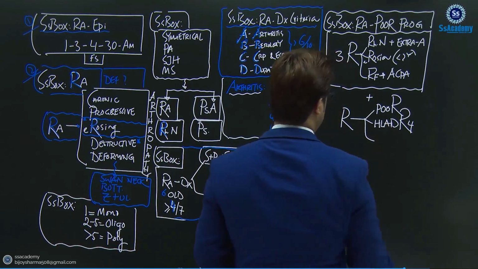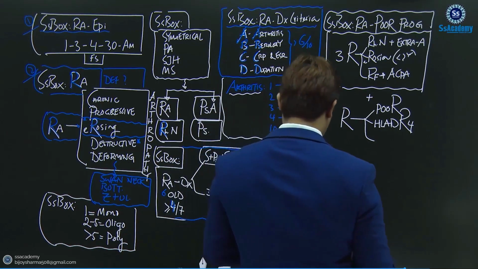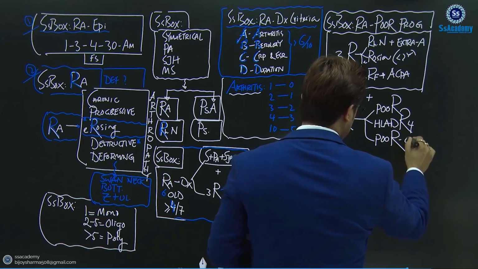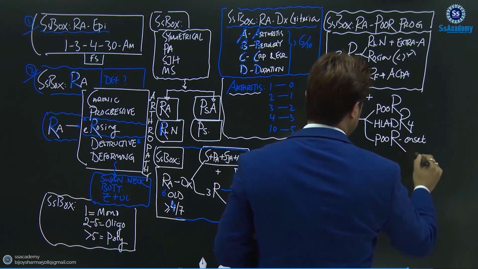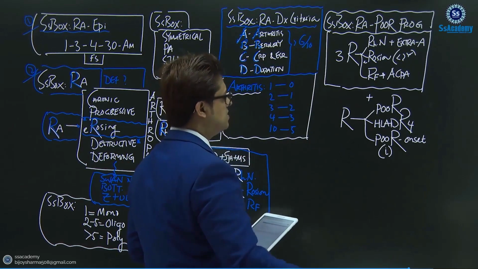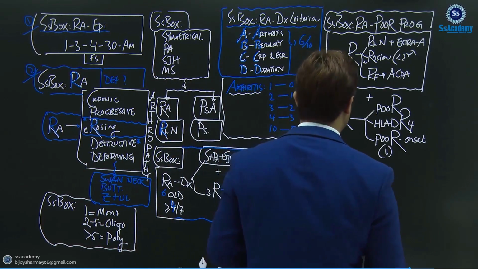And also the onset. If I'm writing the poor onset, or insidious onset, onset means the insidious onset, means the poor onset. You can write that the poor onset means the insidious onset.